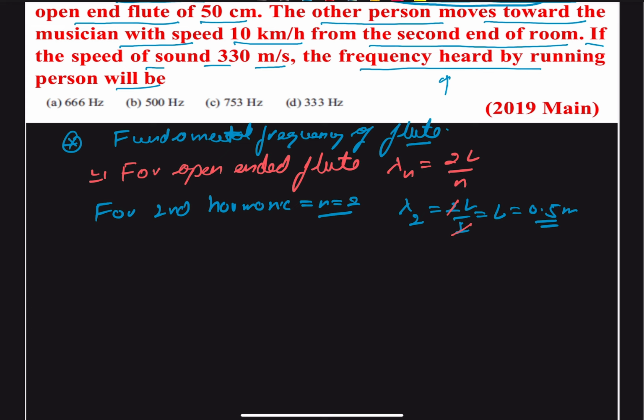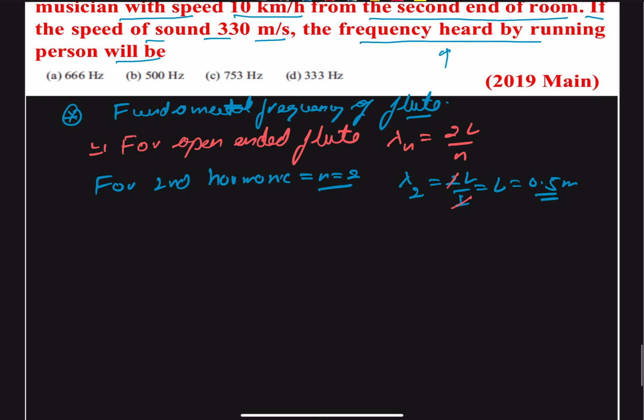And from here we can find out the frequency of the second harmonic. So we can say frequency for second harmonic will be equal to velocity divided by wavelength, and velocity is our 330 divided by 0.5, and this comes as 660 hertz.